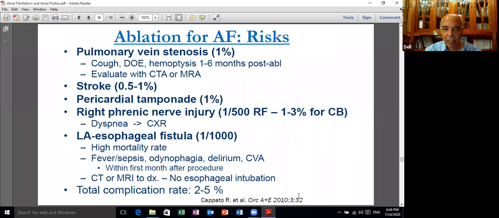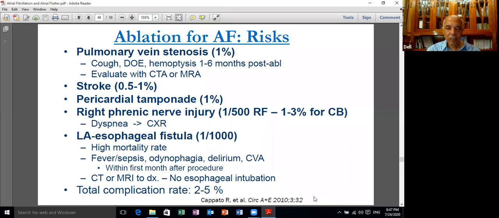Cardiac tamponade: you should be very aware of proper anticoagulation of these patients and flushing of the sheath, and if you work on the left side of the heart, control of the anticoagulation. Right phrenic nerve paralysis is very rare with radiofrequency, 1 to 3% with balloon ablation, and presents with a negative sniff test, dyspnea, and a chest X-ray sufficient to show the elevated right hemidiaphragm.